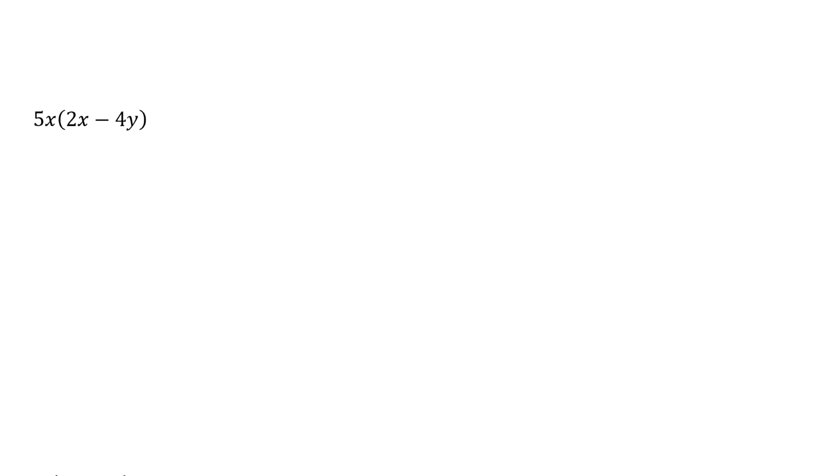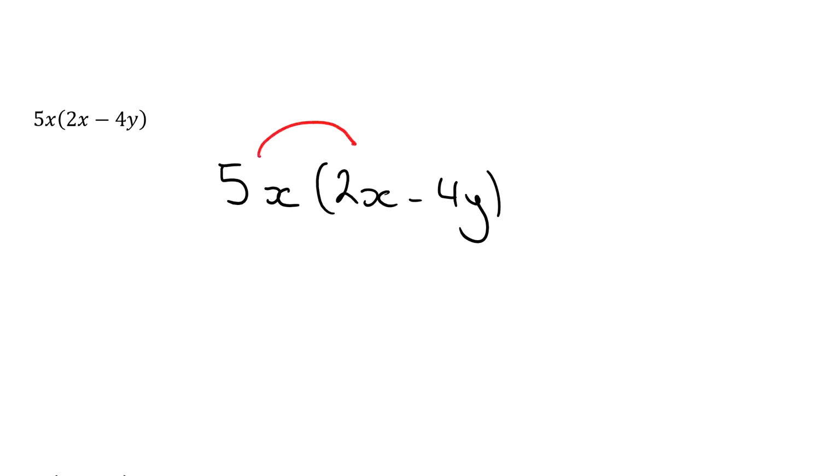So we get 6b plus 21 is the expanded form of this expression. So here's another one. And again, draw my arrows. So we have 5x times 2x. Now, because we have a minus here, we're going to have a minus there.